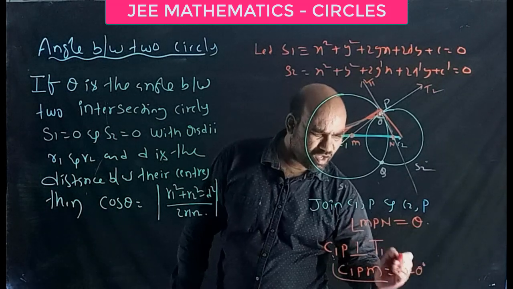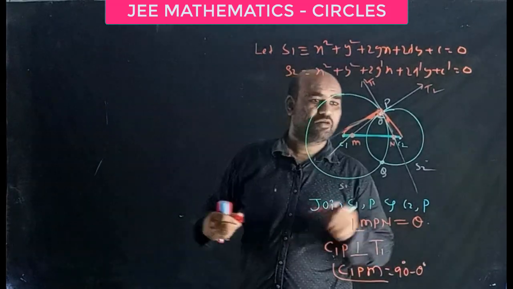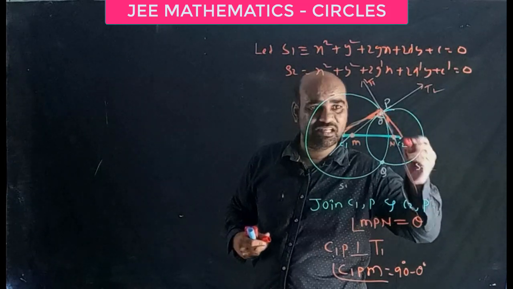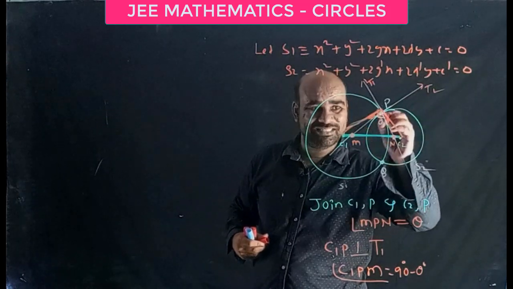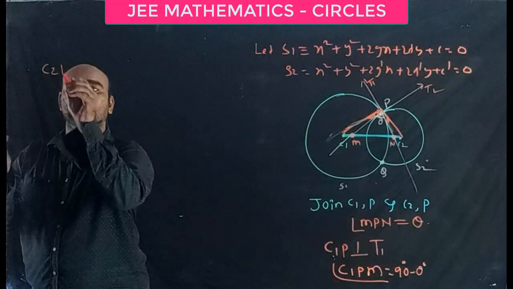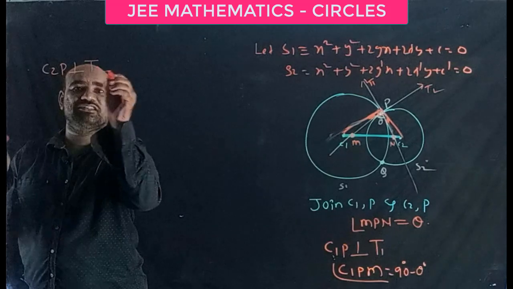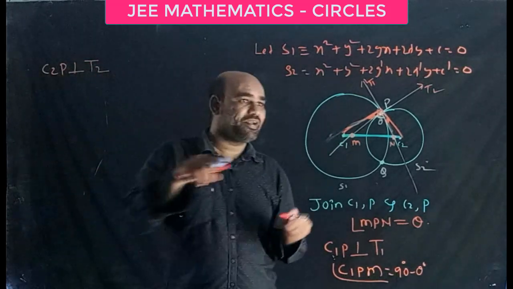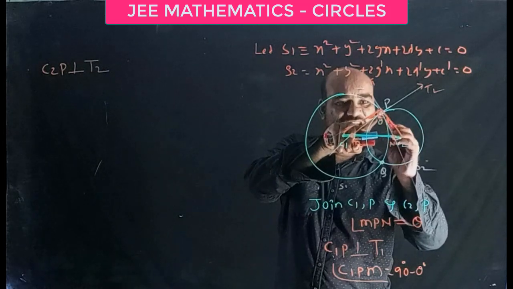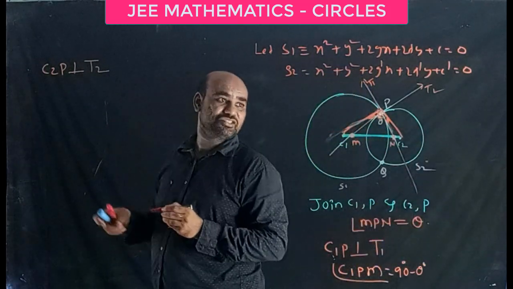Assume that all are in degrees. Observe, students, C2P is the radius of the smaller circle and T2 is the tangent, P is the point of tangency. That's why C2P must be perpendicular to tangent 2. Means this total angle becomes 90. Already this is theta, so this angle is 90 minus theta.